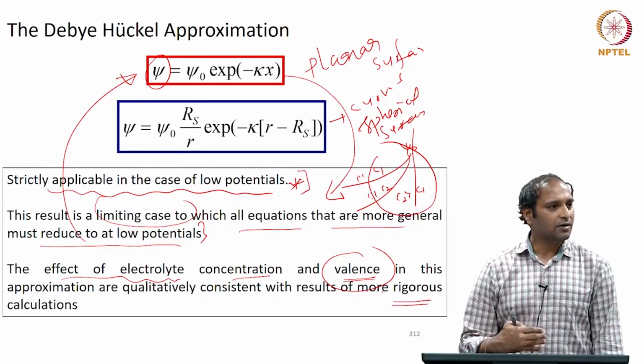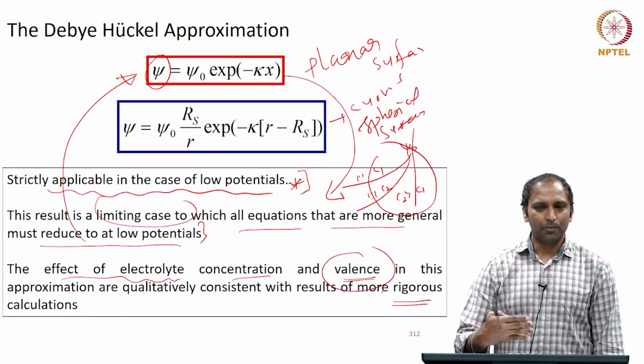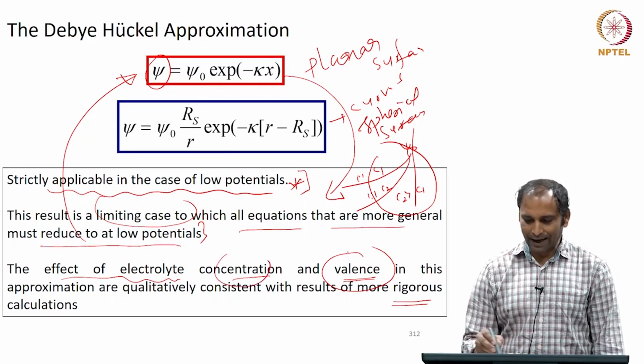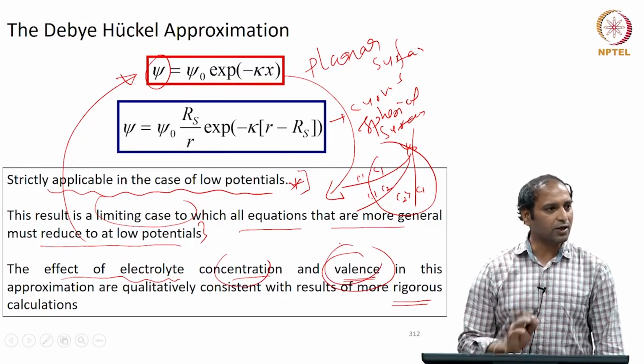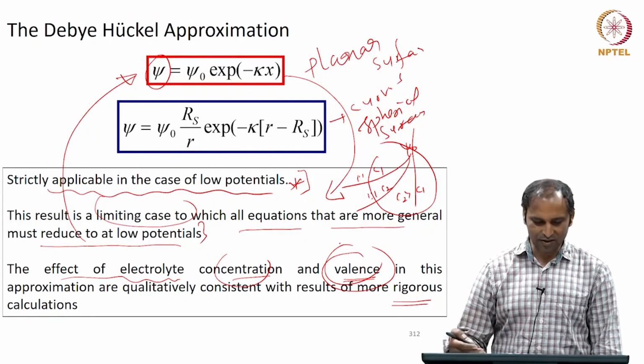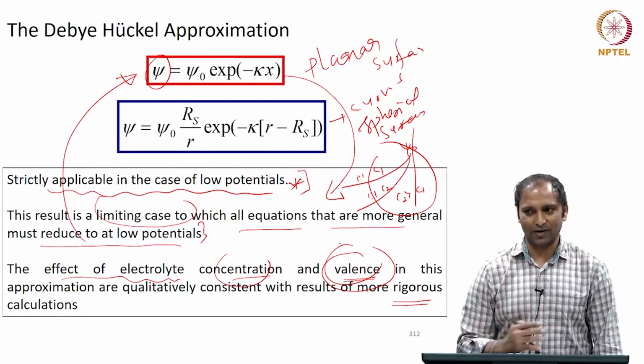The only thing is the magnitude may be slightly off, but the way psi varies with electrolyte concentration and valency is still qualitatively very similar, whether you use a rigorous model or these limiting cases. That is the point.